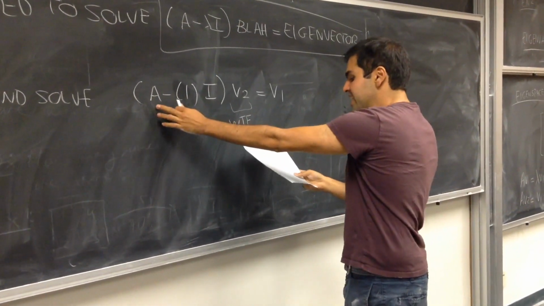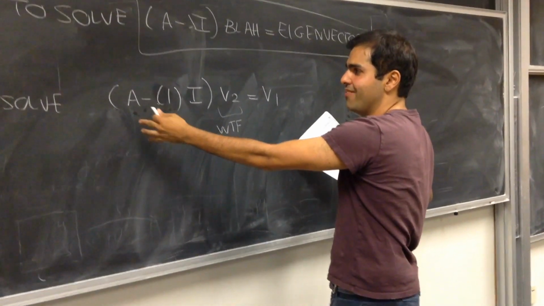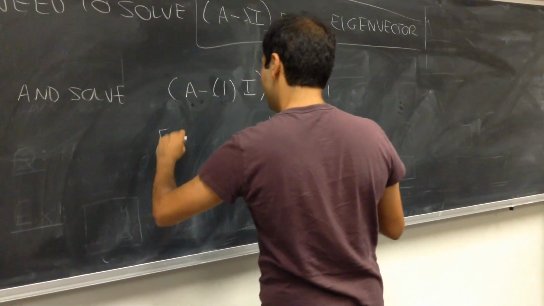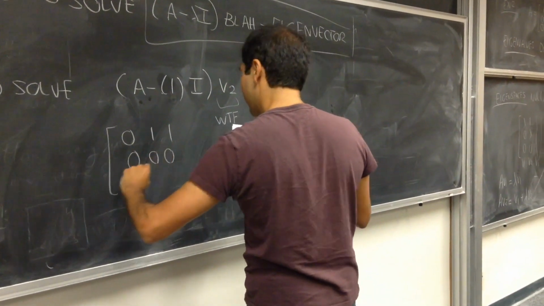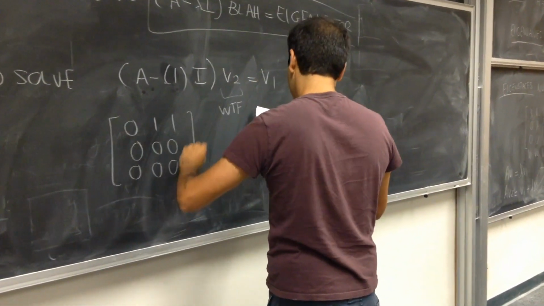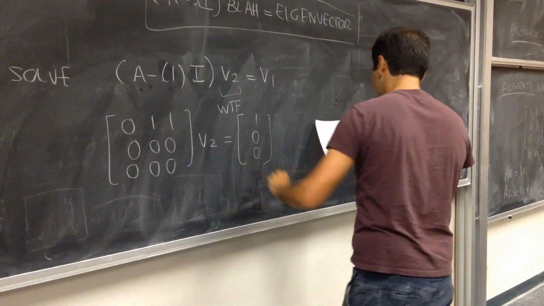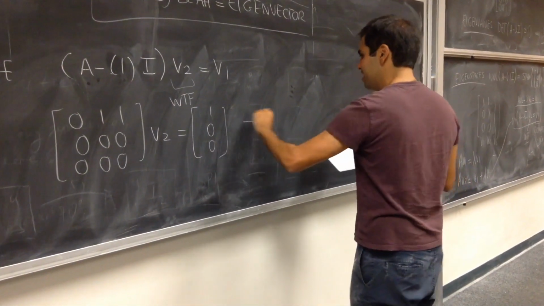But the nice thing is, in the process of finding the eigenvectors, you already found A minus I. So suppose you do this, and you get the matrix 0, 1, 1, 0, 0, 0, 0, 0, 0, times v2 equals 1, 0, 0. If you do that, you indeed get a solution.